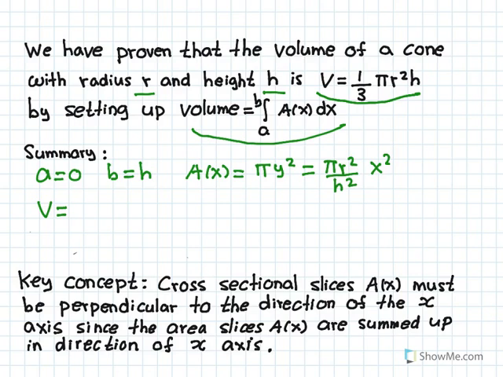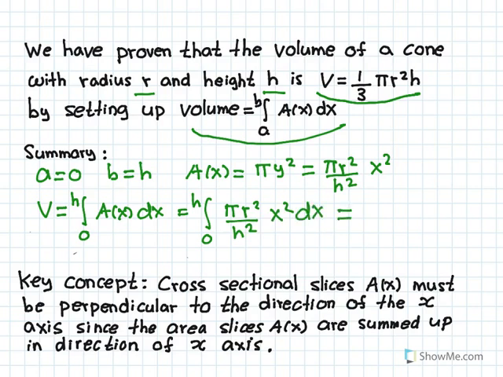It's a function of the direction in which the slices are added up. That's the key concept. Volume is the integral from 0 to h of A(x) dx, and we integrated this, pi r squared over h squared, x squared dx. And we evaluated this and got 1/3 pi r squared h, which is the volume of a cone with base radius r and height h.